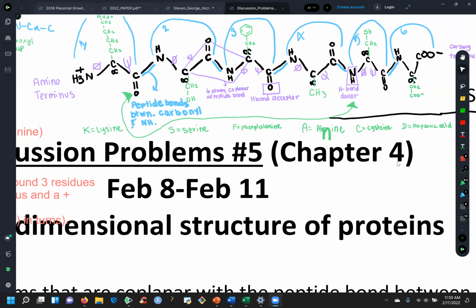So we'll label that peptide. Next carbonyl to nitrogen, that's another peptide bond, and so on for each one. Easy.